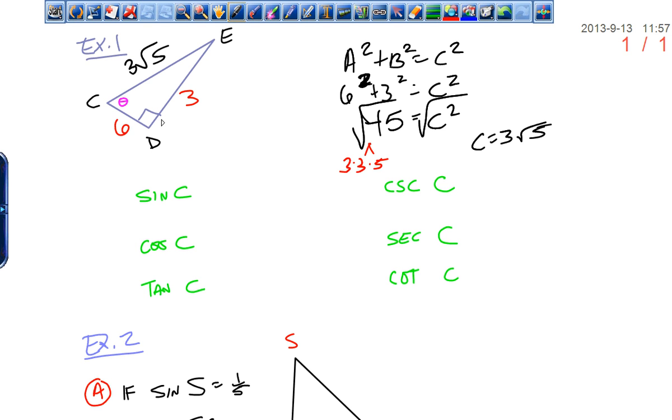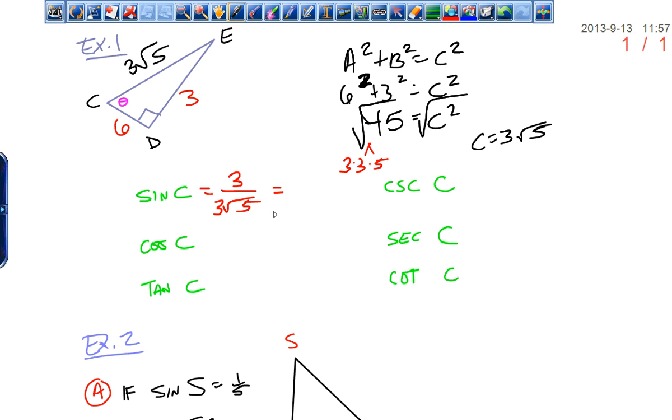DE. All right, you all on the same page now? So that's going to be 3 over the hypotenuse, which is 3 root 5.